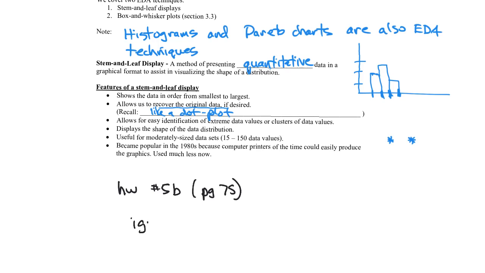It's going to tell you to do something you have to ignore. Ignore where it says use 2 lines per stem. Okay, because you can't do that. You can't do it. So ignore this part in homework number 5B. It's going to say use 2 lines per stem. Ignore that and just do everything else.